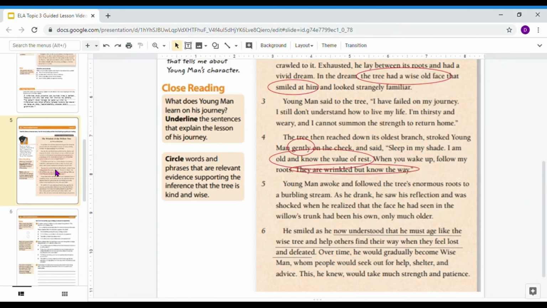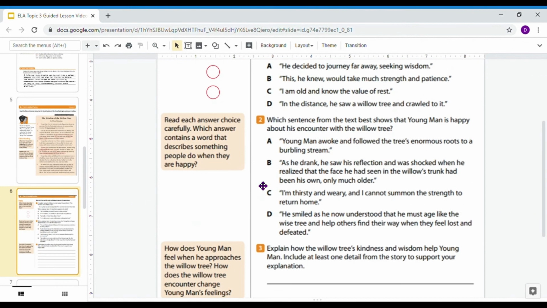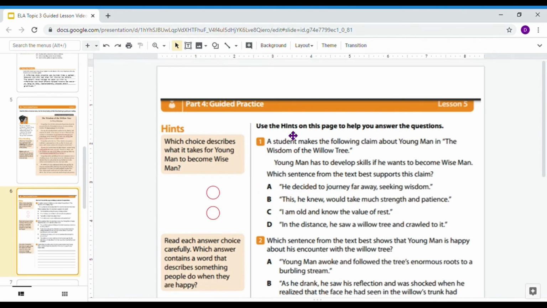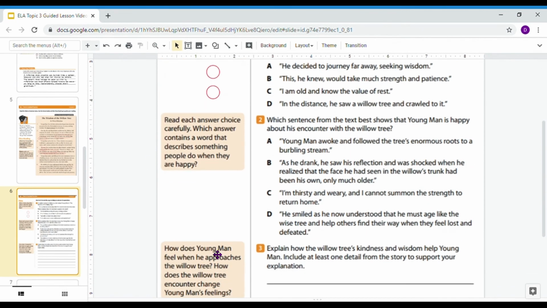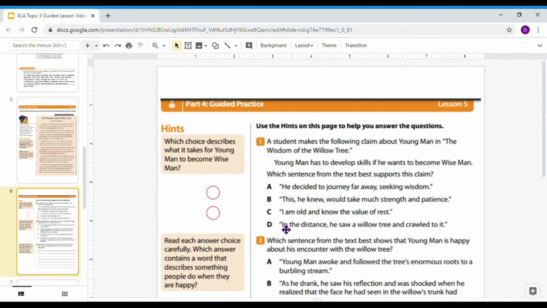So let's move on to our questions. Using the hints, remember we always have the hints on the side. A student makes the following claim about the young man in The Wisdom of the Willow Tree. So this is the claim or the inference. Young man has to develop skills if he wants to become wise man. Which sentence from the text best supports this claim?